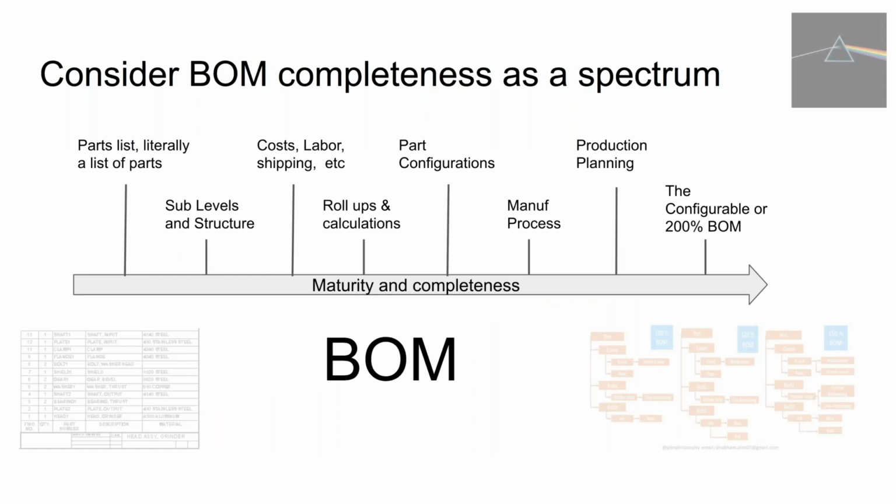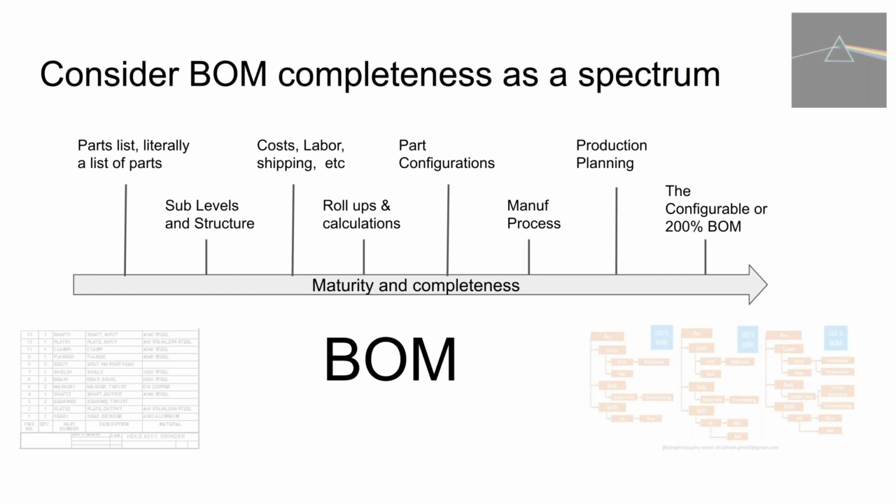So we're going to think about BOM as a spectrum of completeness. In other words, simple to complicated. Where do I need to be on that spectrum for this BOM to be successful and valuable in my company?